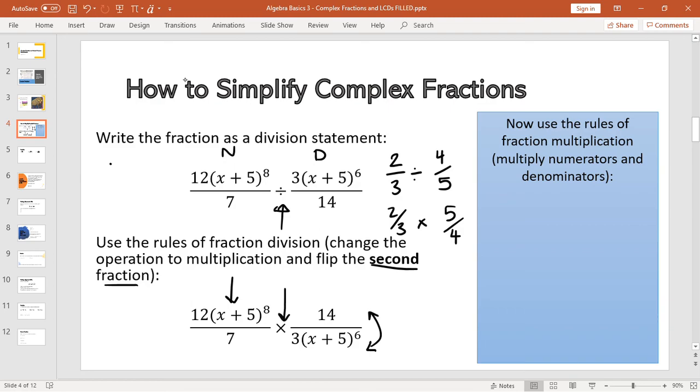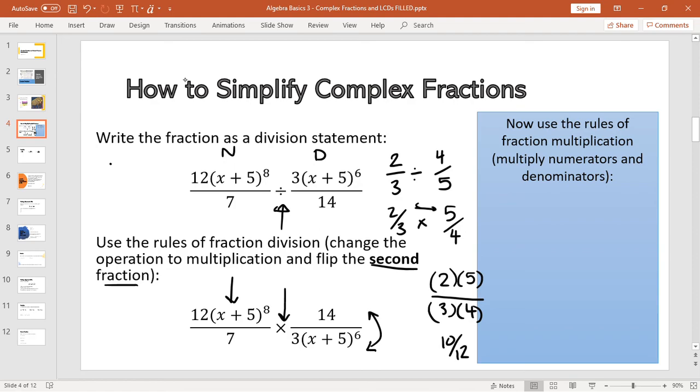So once we do that, we can use the multiplication of fractions rules, which are basically top times top, bottom times bottom. So if we looked at our old number one here, if I wanted to combine those two fractions, and don't mix this up with cross multiplication, the two tops multiply. So 2 times 5 multiplied by 3 times 4 gives you 10/12, which you can reduce to 5/6.